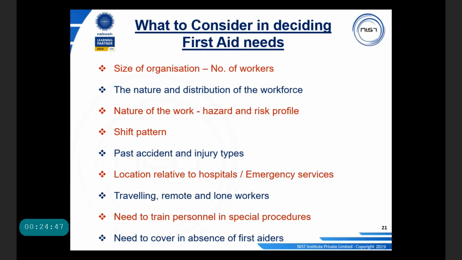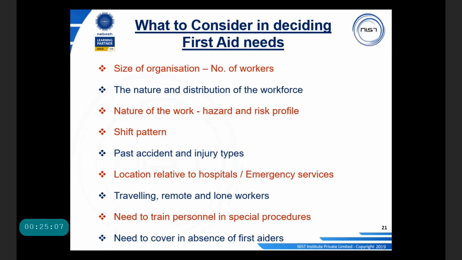Ma'am, in an organization, if the workers are more and the nature of the work is in a very hazardous area, then in the case of an emergency there's a major chance that most of the workers will be under the risk profile.